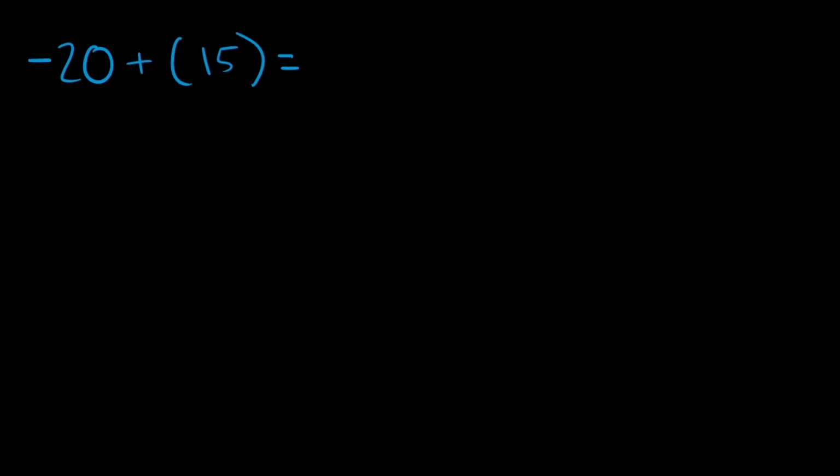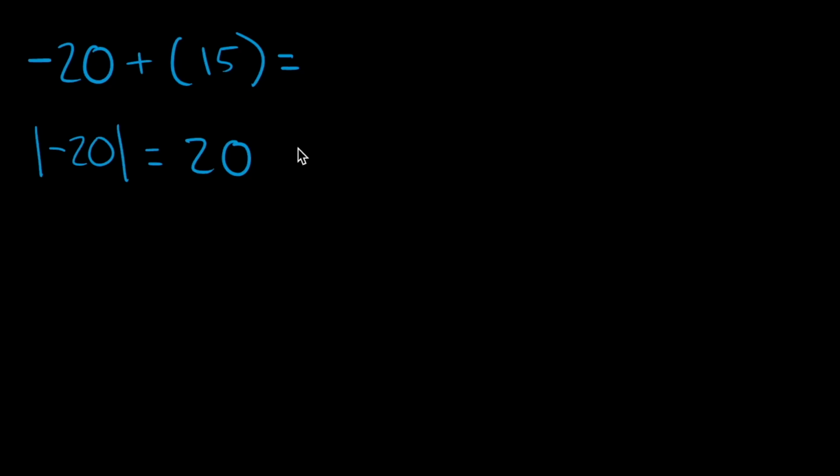Negative 20 plus 15. And we need to look for the absolute value of negative 20 and 15. So negative 20, and we need to find the absolute value of this number, which is 20. So you're 20 units away from 0.